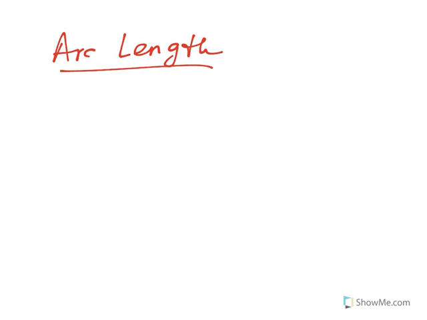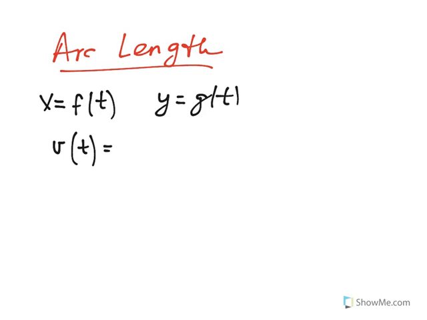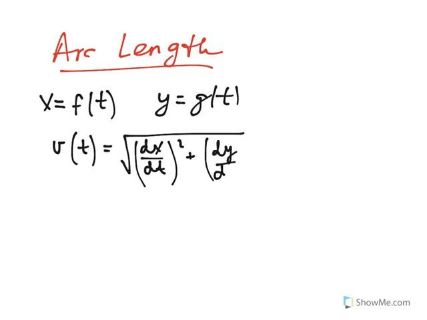Let's say we have this object moving along a curve in the plane given by the two parametric equations, x equals whatever the equation is in terms of t, and y equals another equation in terms of t. T represents time. Now, previously I said in order to find the speed, you take the square root of (dx/dt) squared plus (dy/dt) squared.